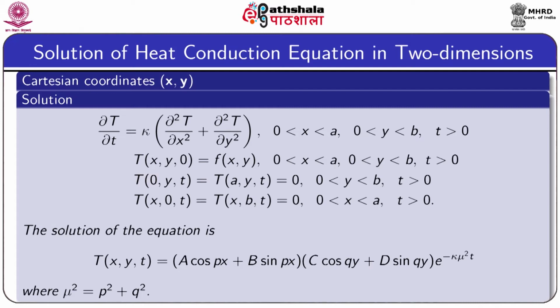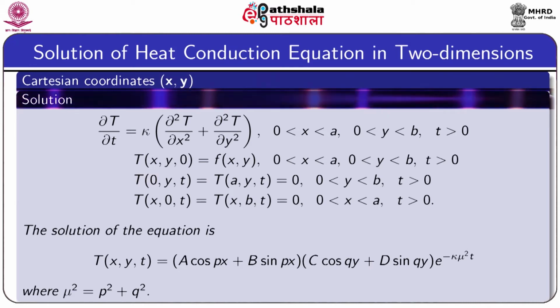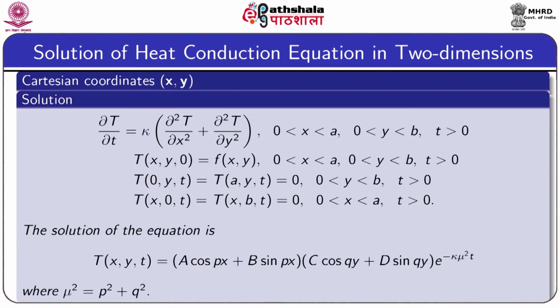The boundary conditions are given as capital T 0 y t equals capital T a y t equals 0 for 0 less than y less than b and t greater than 0, and capital T x 0 t equals capital T x b t equals 0 for 0 less than x less than a and for all t greater than 0.